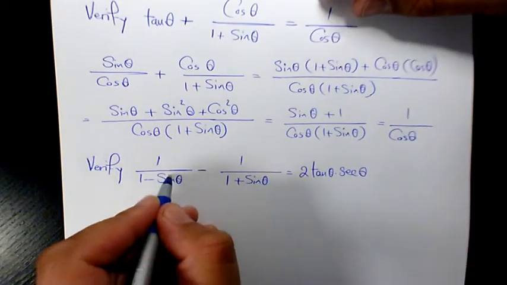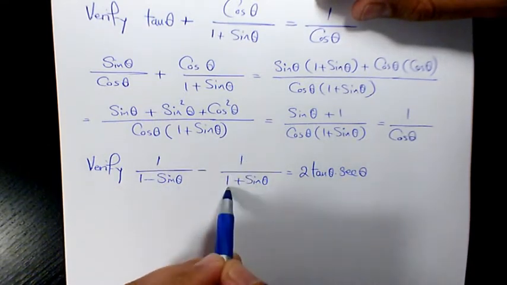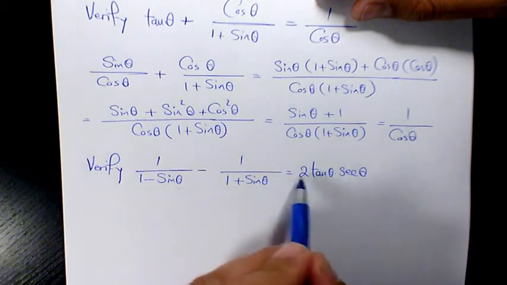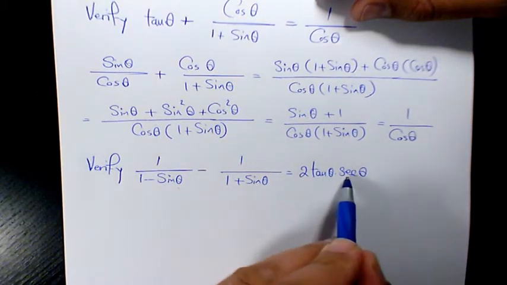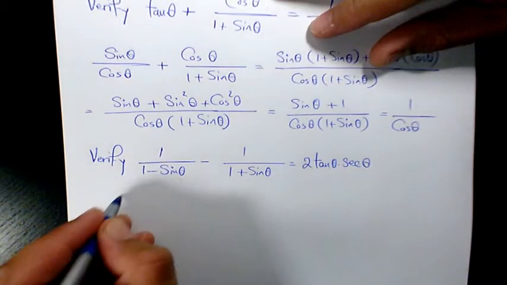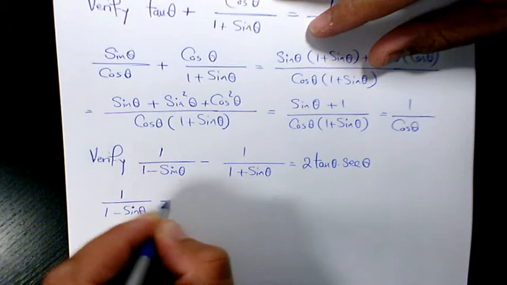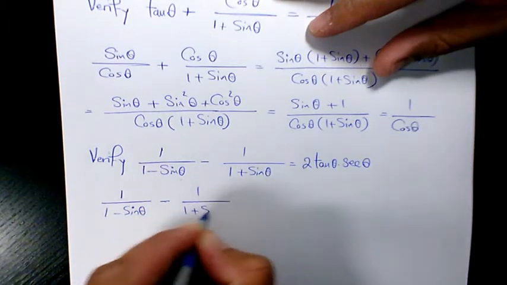Now in this example it says verify 1 over 1 minus sine theta minus 1 over 1 plus sine theta equals to 2 tan theta times secant theta. So first thing I'm going to do, 1 over 1 minus sine theta minus 1 over 1 plus sine theta.